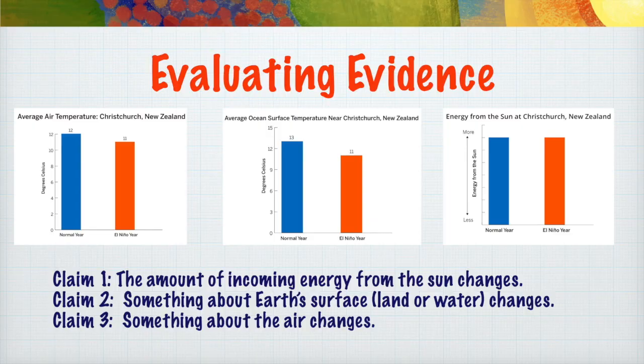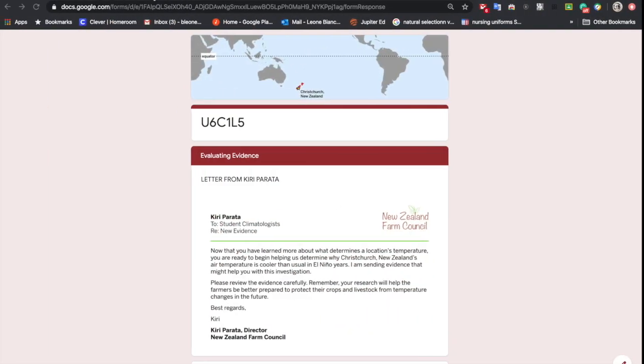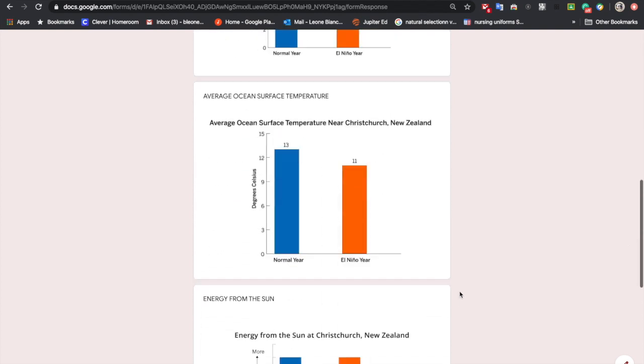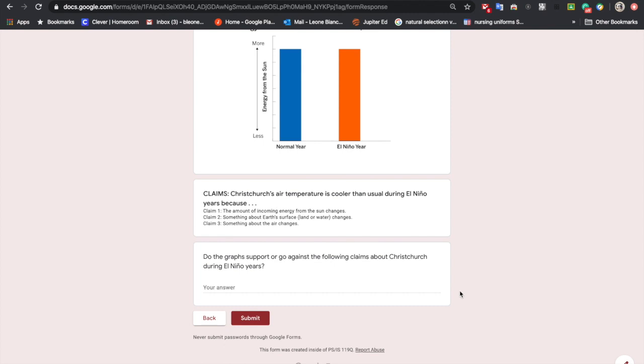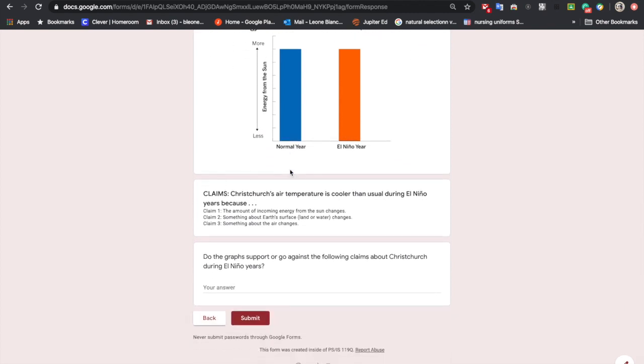Now, we don't have any other evidence besides this right now, but when we look at what I'm asking you to do today, I want you guys to look at these charts and see if any of these support or go against the following claims about Christchurch. And the claims are actually above. The first is that the amount of incoming energy from the sun changes. Now, based off the last graph, which is right here, there isn't any change.